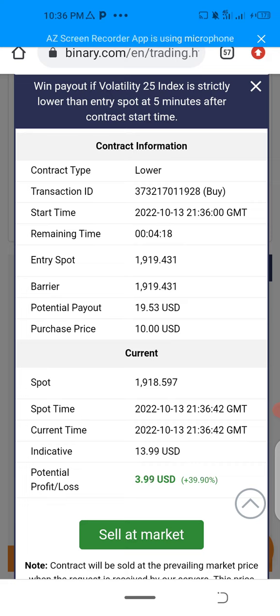Presently, it's trading at $4 with some cents at the back. Now, if you're trading on indices, it says sell at market. Now you can actually sell it and take your profit, your $3. That's to say your $10 has given you $3 plus the profit. Now you can see that the market is fluctuating. It's actually going up and going down.